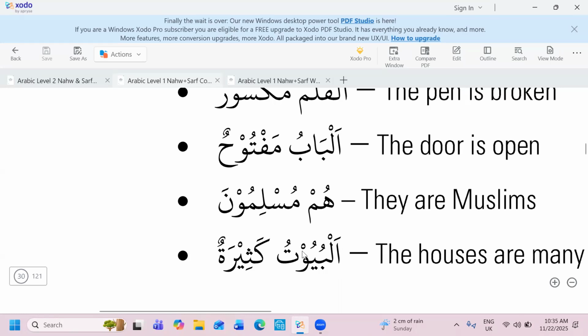If it was a different word, then it would be a different case here. We'll do an example of that as well. So al-buyut is singular in grammar, but it's really plural. We're treating it as singular and as feminine. That's why it's kathiratun. So the meaning is the houses are many or plenty.